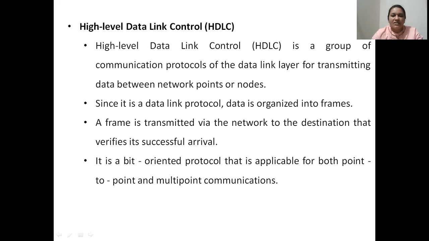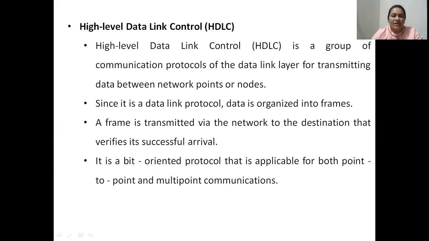A frame is transmitted through the network from source to destination, and the destination will verify its successful arrival. HDLC is a bit-oriented protocol, and it is applicable for both point-to-point connections as well as multi-point connections.